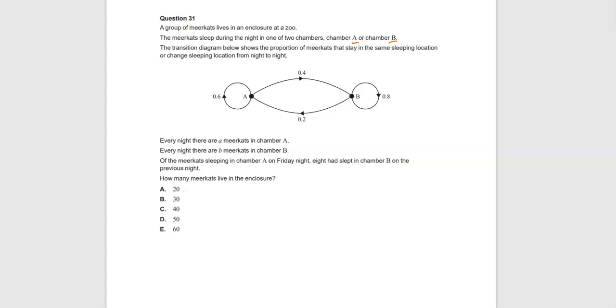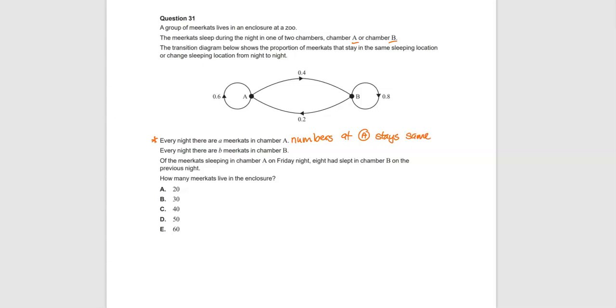But the important fact is right here. It says that every night there are A meerkats at chamber A. So that means there's a set number and it never changes. So the number at A stays the same, because they said so.